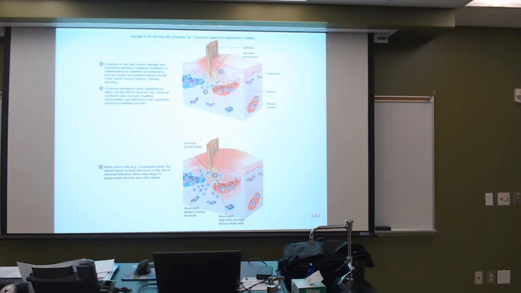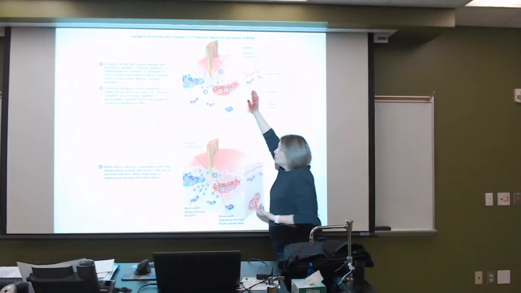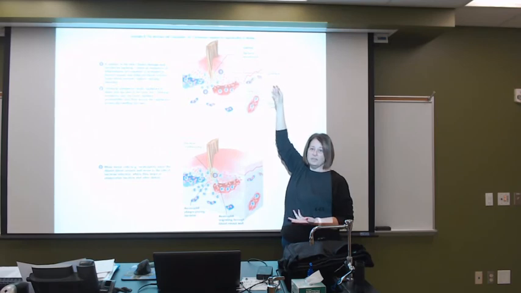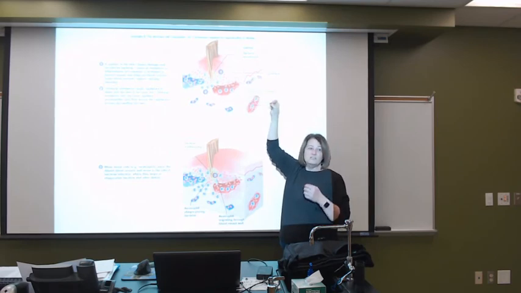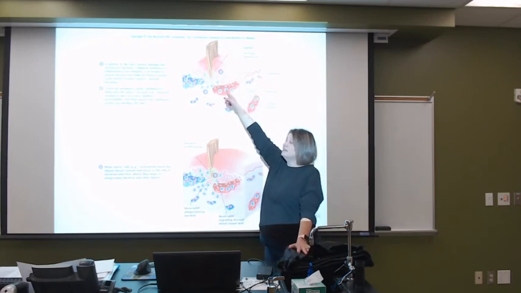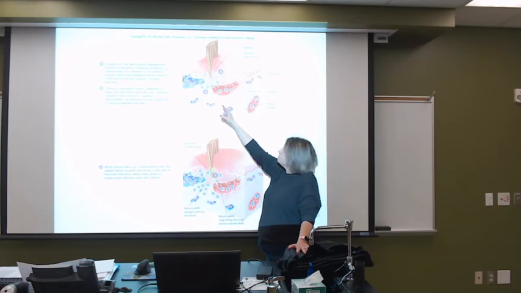Okay? So, if we look at the example being given, we've talked about the tissues that exist. Okay? Epitheliums, the connectives, and so forth. So we have a splinter that has breached our skin epithelium, all right?